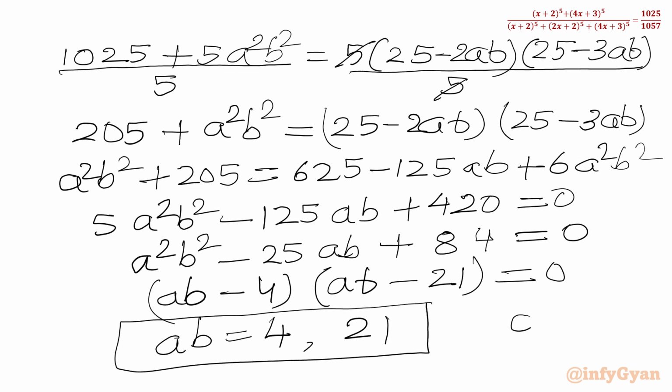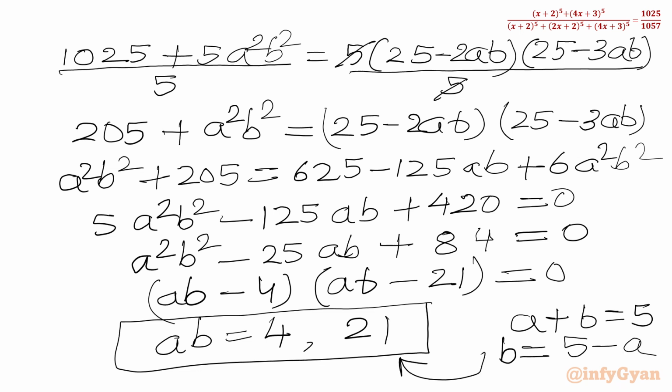Now I will write our second equation. A plus b was 5. So from here I can write b is equal to 5 minus a, which we are applying here. So I can write a times 5 minus a equal to 4 and 21.